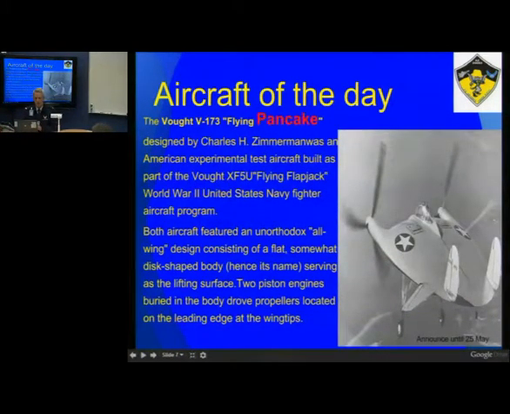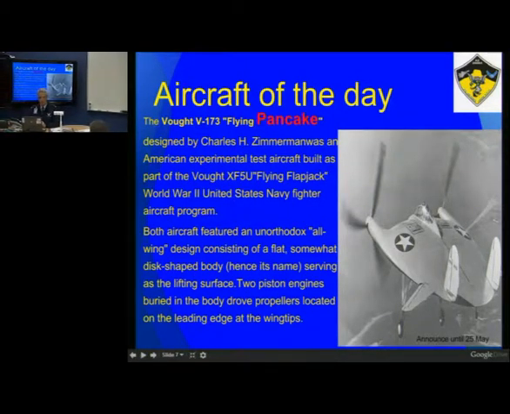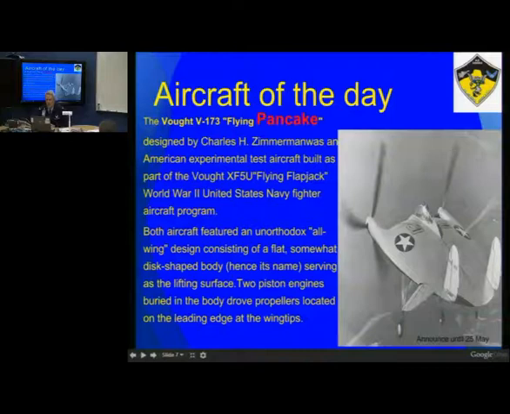A World War II type creation, I guess, after World War II. It was designed as a Navy fighter that allowed you to have flying with the wing only. It was an all-wing concept, 2 piston engines, and the bottom line is it didn't work.